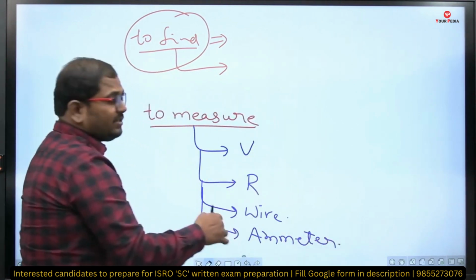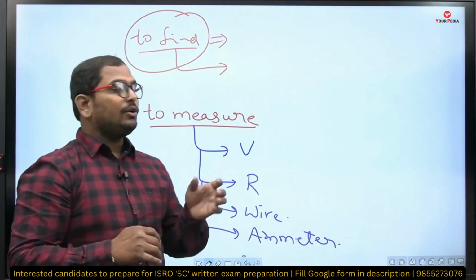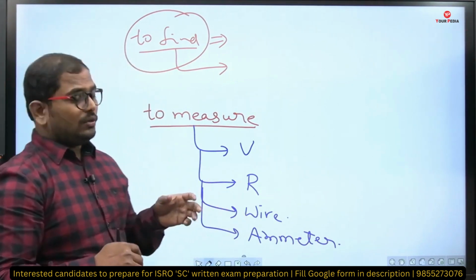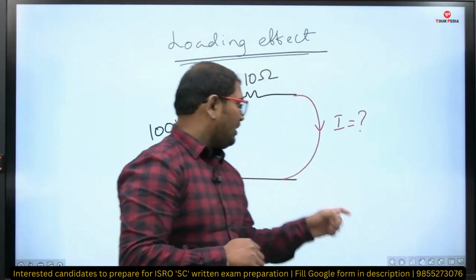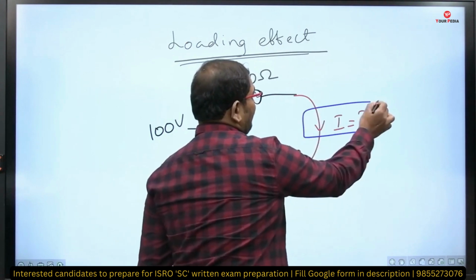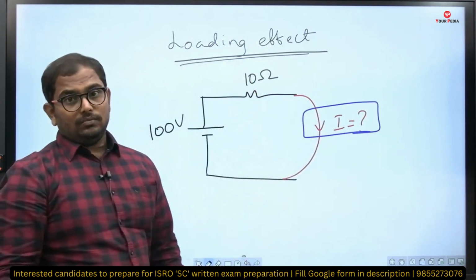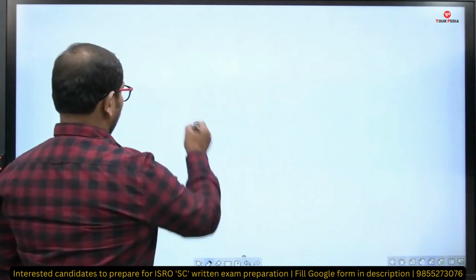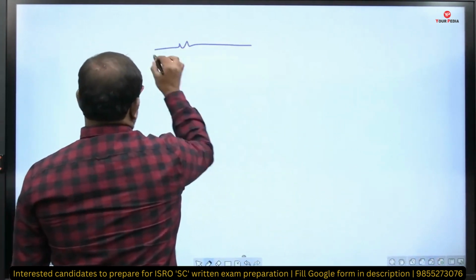So physically you require these to measure the current flowing through the wire. Here we need to measure the current flowing through this wire. So what we have to do? We need to connect an ammeter to that wire.